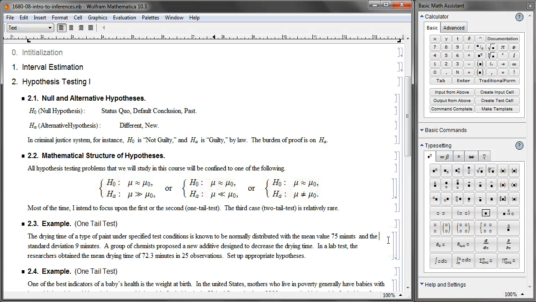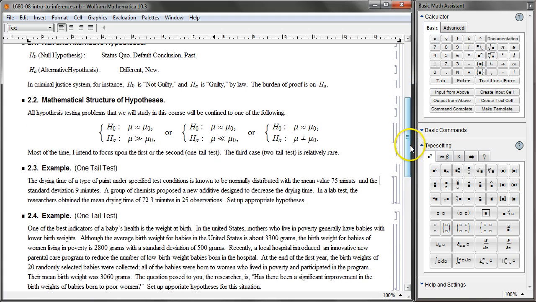Okay, let's go to an example. I think we have sufficient time to do at least one example, maybe two. Here's an example. The drying time of a type of paint under specified test conditions is known to be normally distributed with a mean value of 75 minutes. So this is the mean, so there's a candidate for mu naught.